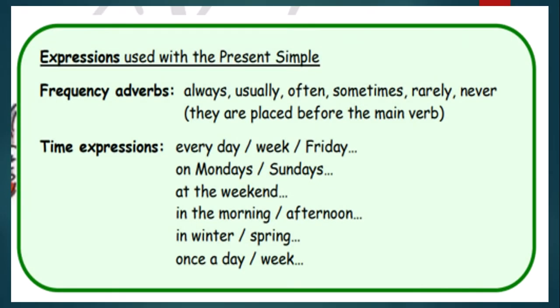Let's see some expressions used with the present simple. Some expressions will help me to know these are present simple sentences. Frequency adverbs, or adverbs of frequency. These adverbs will help me to know how often you do this action.